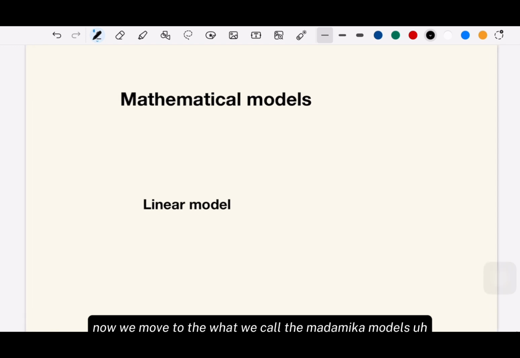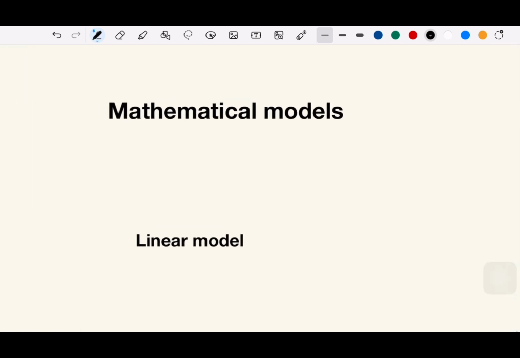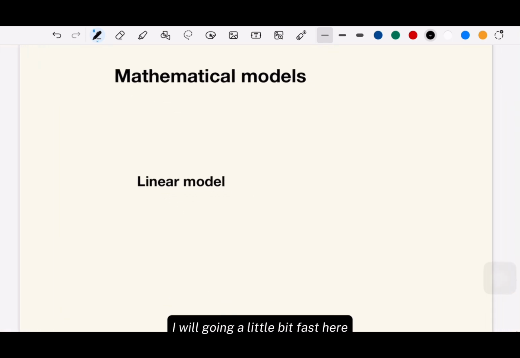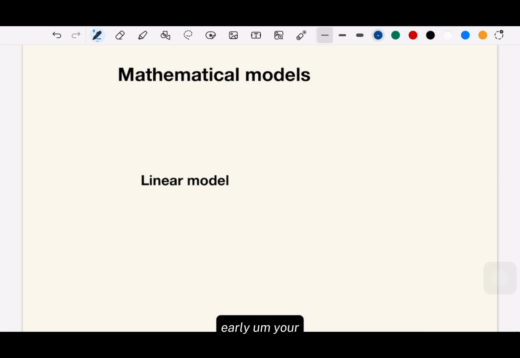Okay, now we move to what we call the mathematical models. I think I will go a little bit fast here because this is just to describe some overview. So we have the very simple one, which is the linear model that you are familiar with from early in your education.